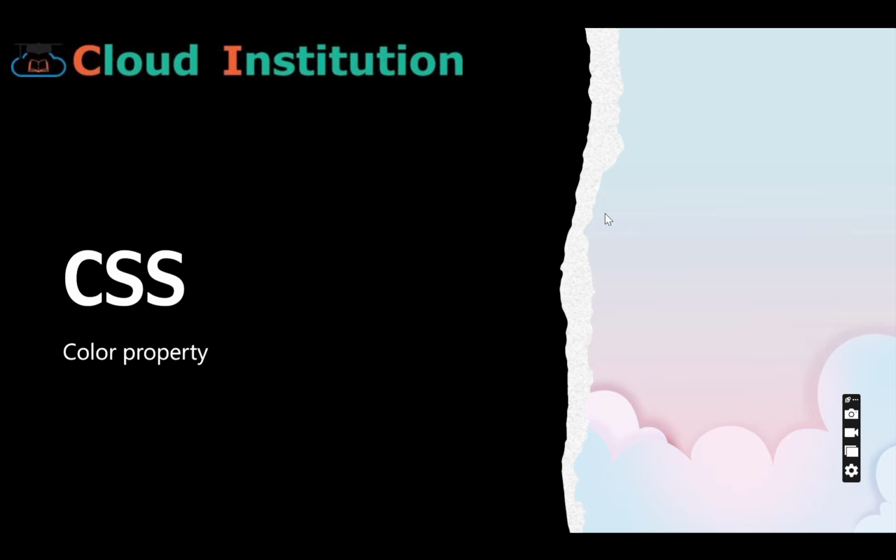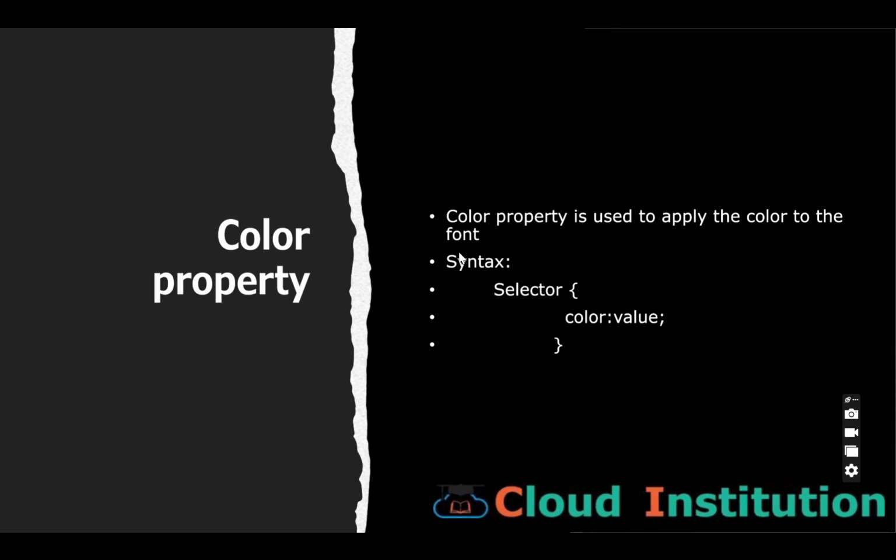The color property is used to apply color to the font. So for that font, if I want to apply some color, at that time I can use the color property. The syntax is selector.